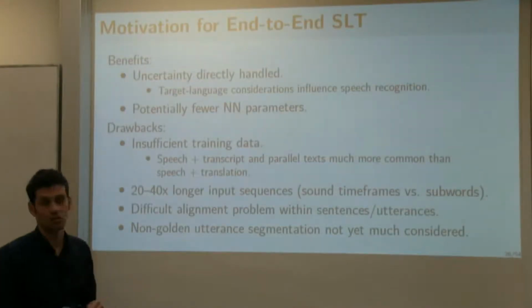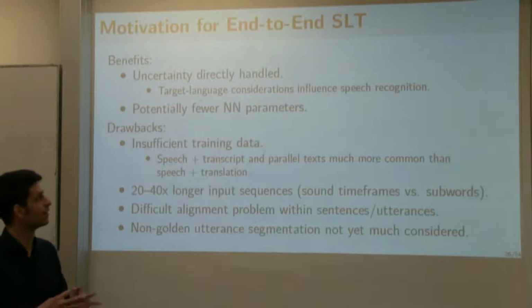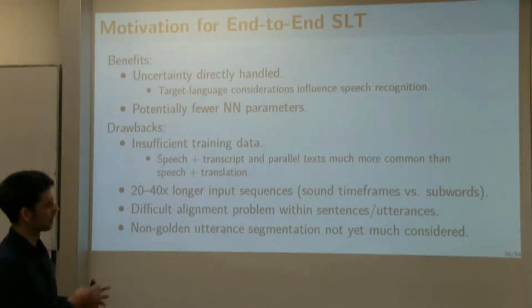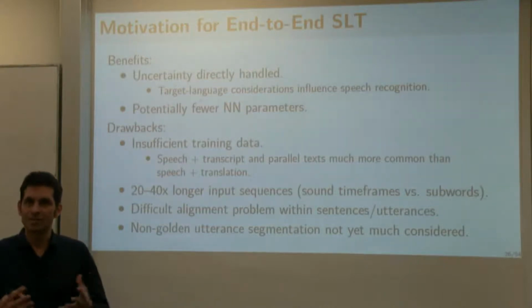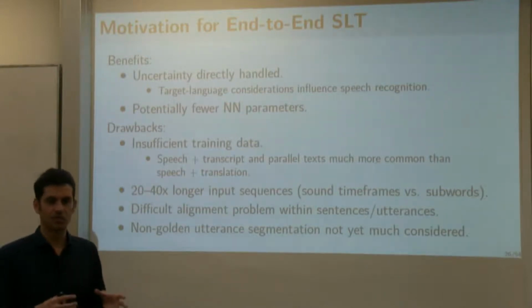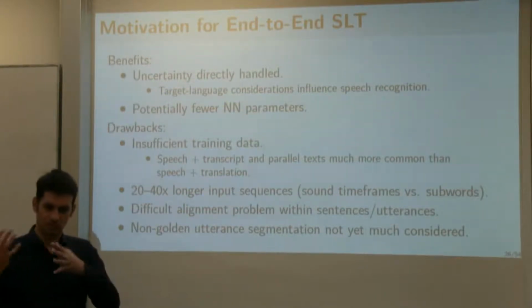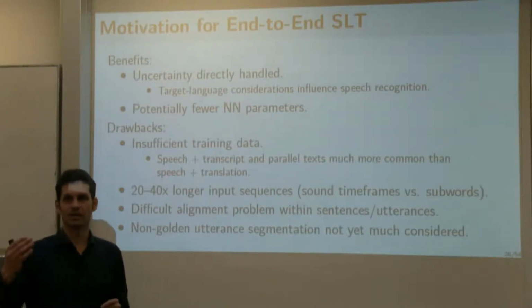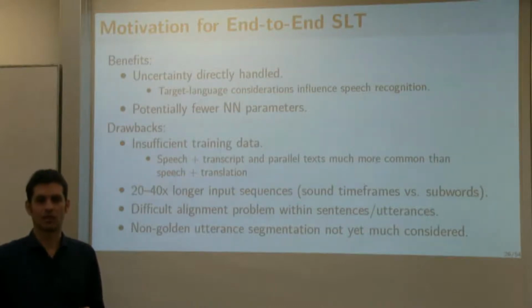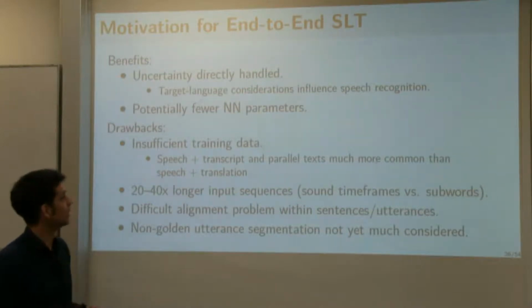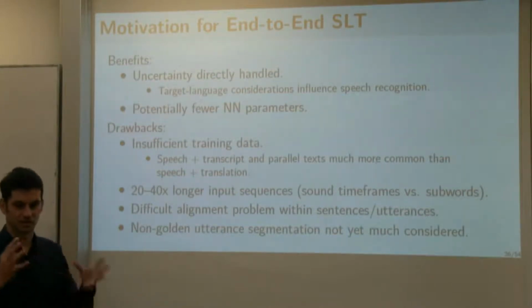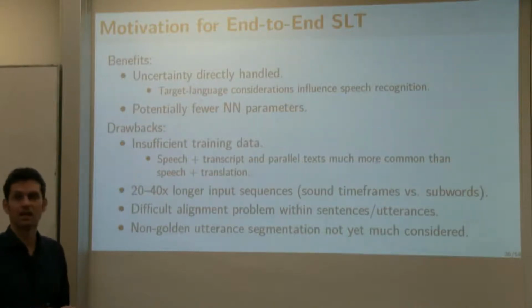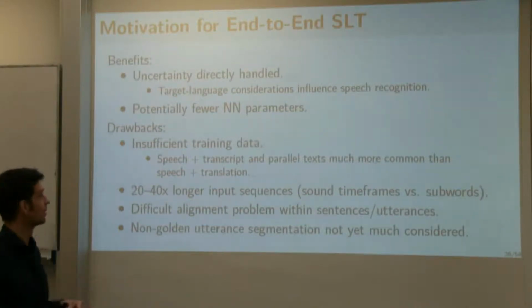The benefit of this direct spoken language translation is that all the uncertainty or ambiguity of speech recognition is left unresolved until later, until also the target language model can have its say in the decisions about what was probably uttered.